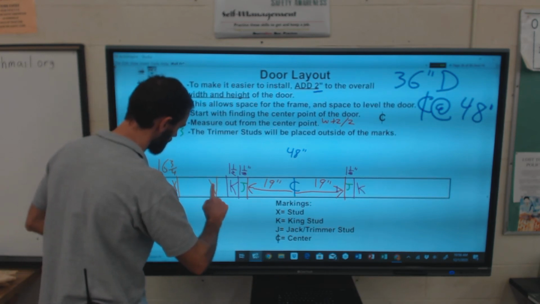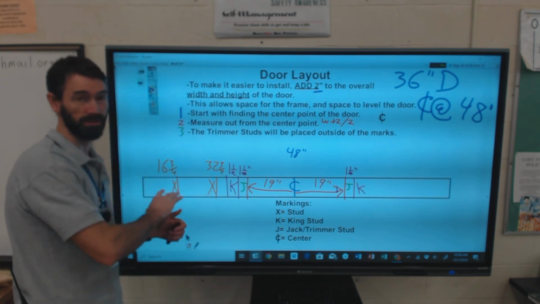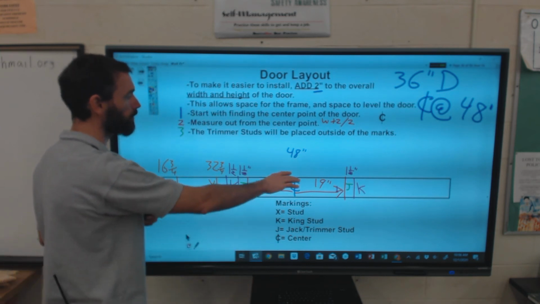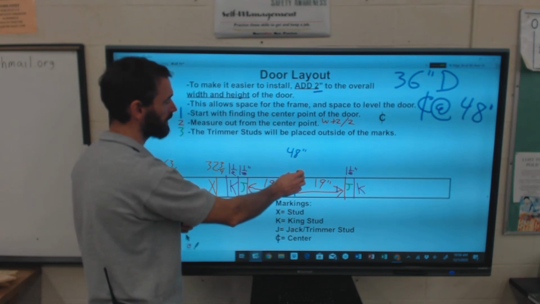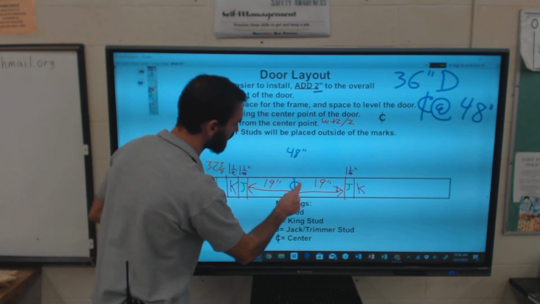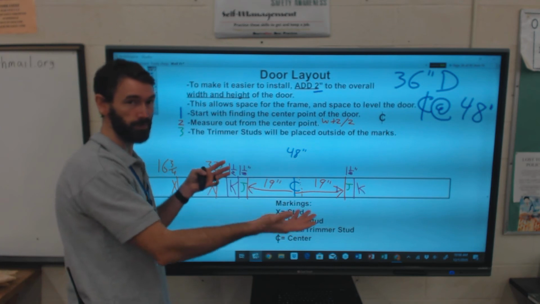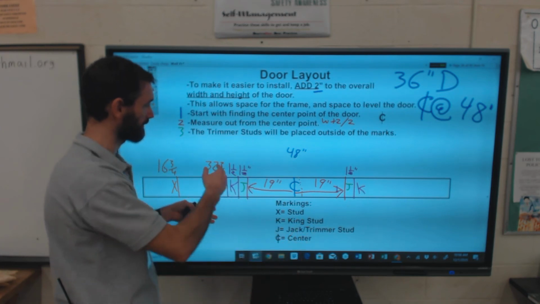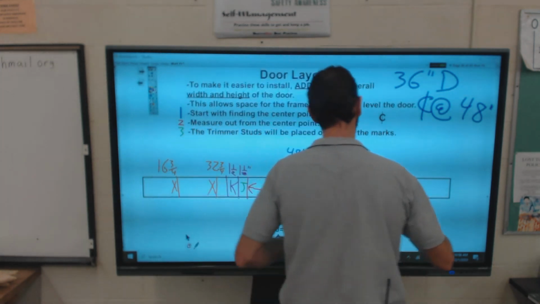Measure over 32 3/4. Now again, this is not to scale. Your other one here, 48 3/4 would be your next one, but that's going to be where your center mark is, and there's going to be a door there. So you would have a mark here, but we're not going to put any marks there because if you put a stud there, you can't put the door in. Okay? So you skip until you're beyond your king stud.